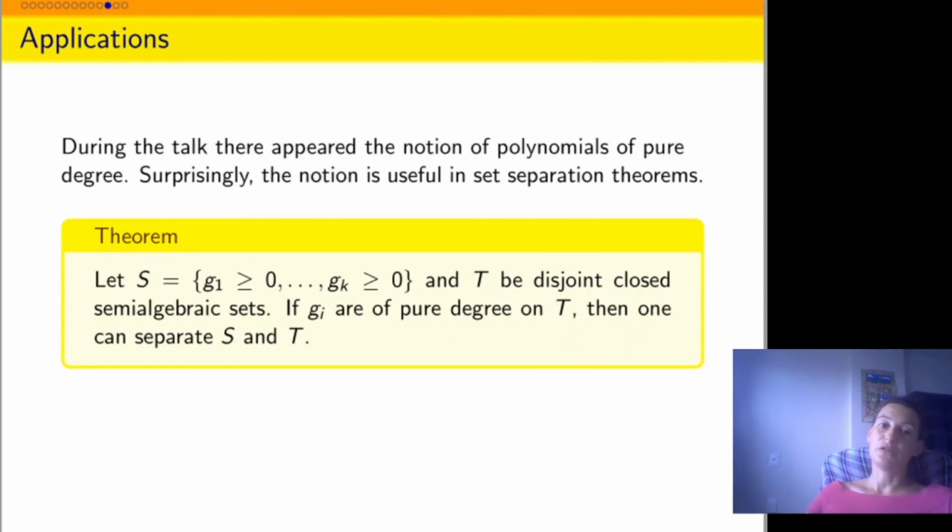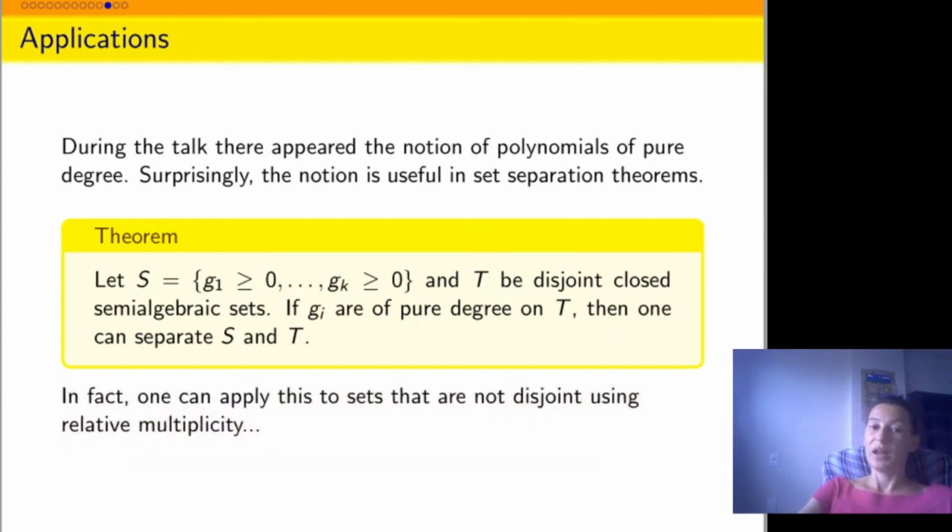if the g_i are of pure degree on T, then one can separate S and T by a polynomial, and one can do it constructively. In fact, one can apply this theorem to the sets I mentioned in the beginning, to try to separate open semi-algebraic sets, so sets which can have some points in common on the frontier.